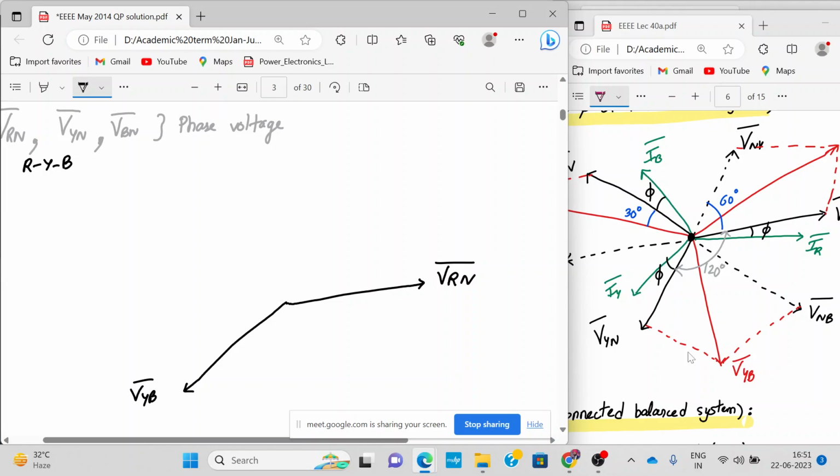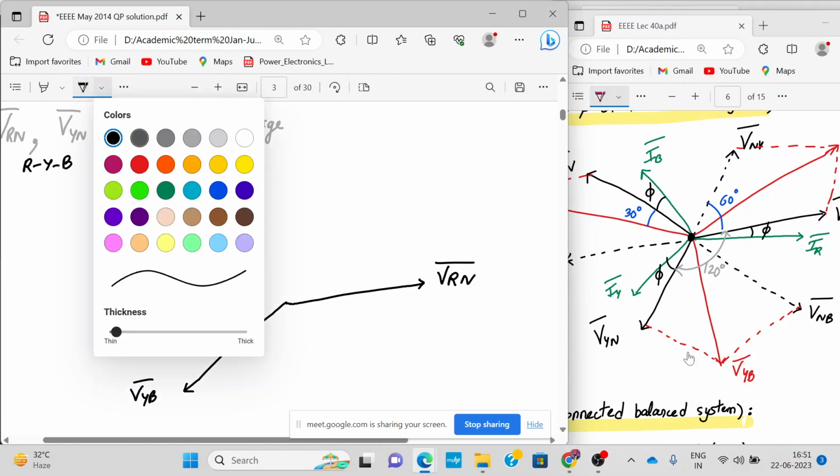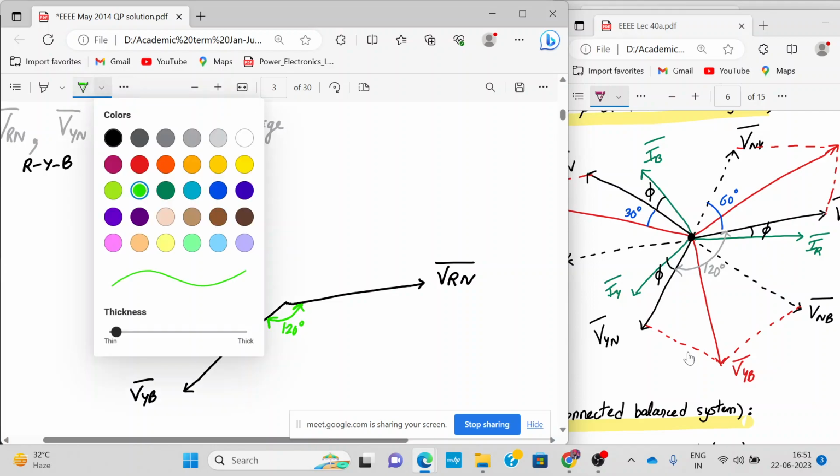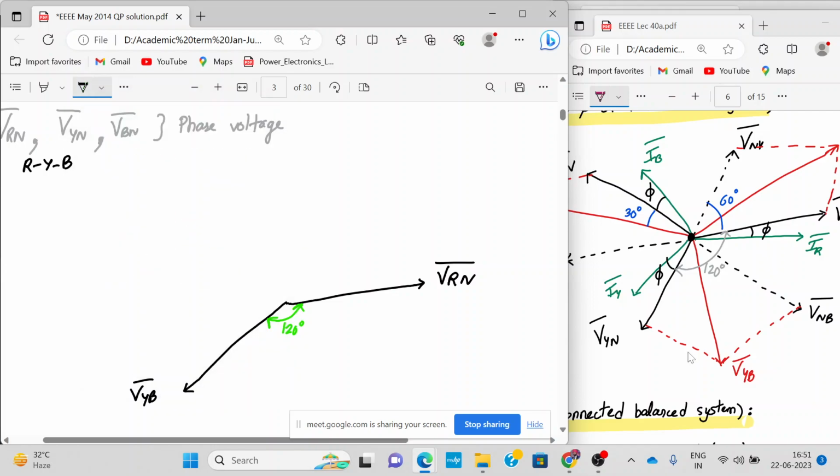Are you understanding? This angle is 120 degrees. I hope you are following. Yes, sir. Again take 120 degrees and draw VBN. I hope it is clear now. So shouldn't that be VYN?